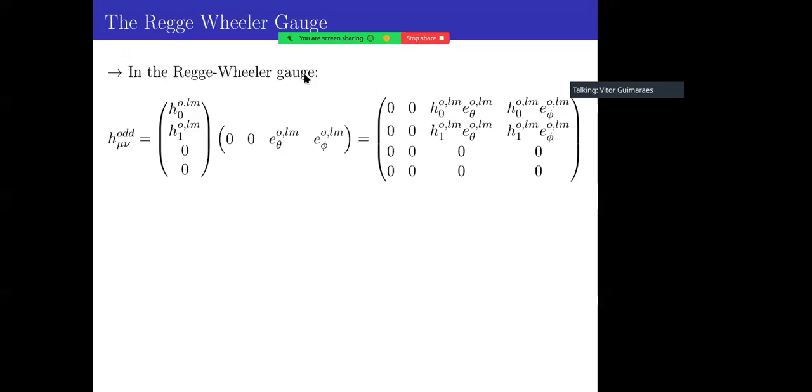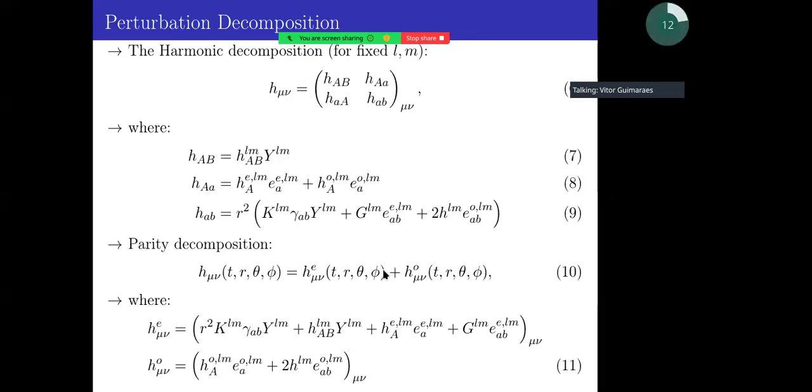In the Regge-Wheeler gauge, remember, we set the components of the even vector to zero. The components of the even tensor are also zero, and the components of the odd tensor are also zero. So all we have left in the odd perturbation are the components of the odd vector.